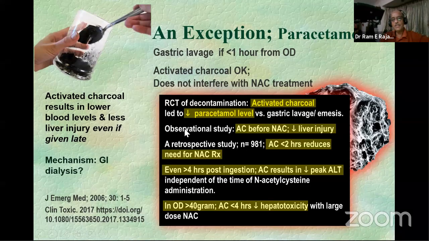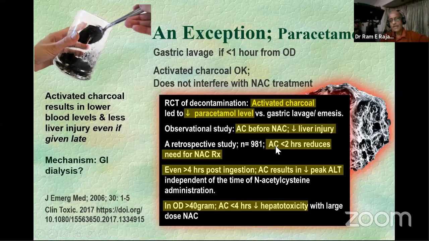In an RCT of decontamination, activated charcoal led to a decrease in paracetamol levels in contrast to just routine gastric lavage or emesis or no treatment at all. So number one, activated charcoal reduces your paracetamol levels. Okay, when activated charcoal is given before you give the N-acetylcysteine, there is a lower amount of liver injury.